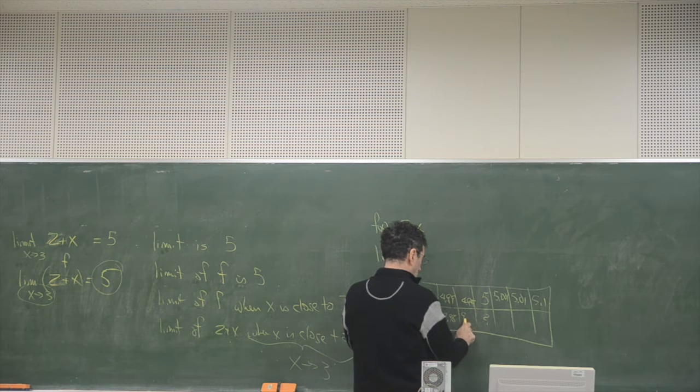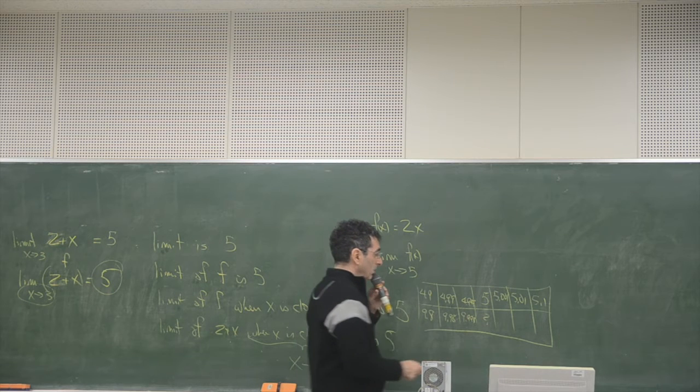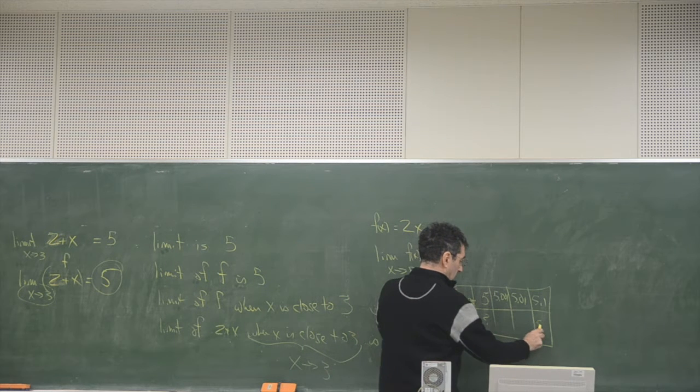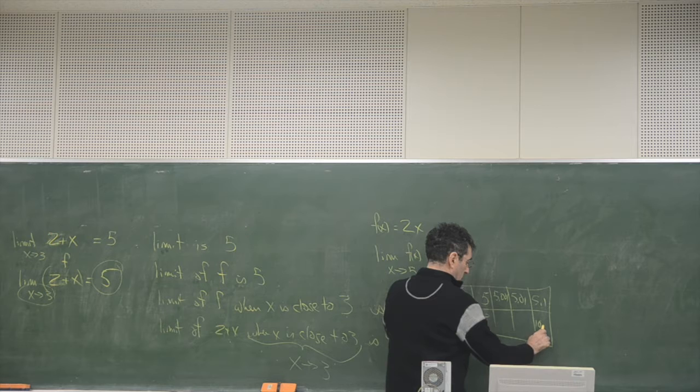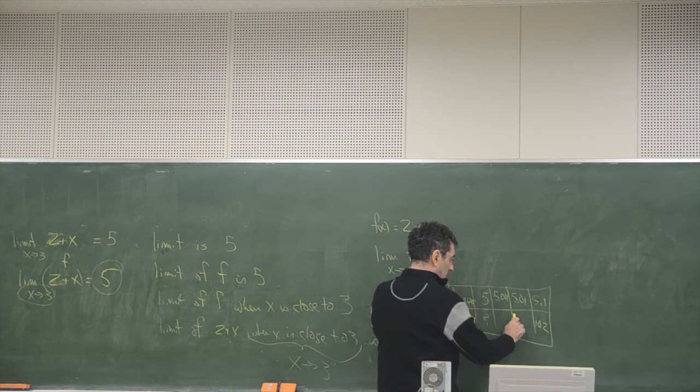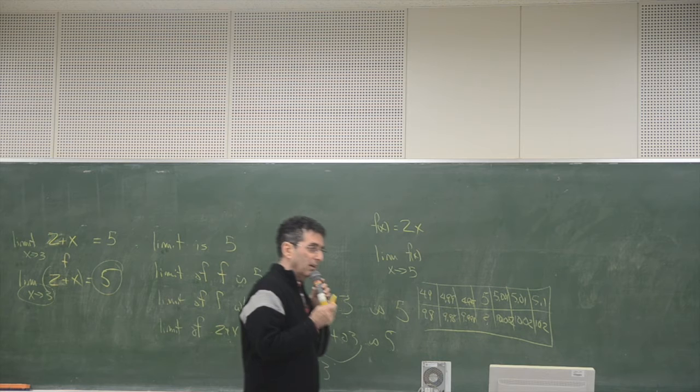And this is going to be 9.998, I think. And then over here, it's going to be 10.2, 10.02, 10.002, something like that.